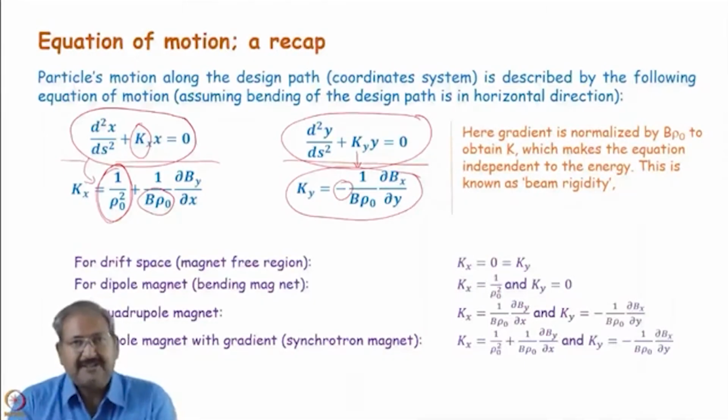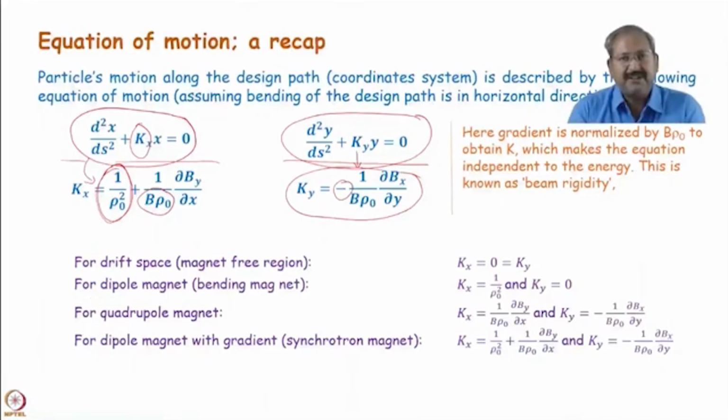In accelerators we use different kinds of magnets for different purposes. You have learned that the dipole magnet is used to decide the design trajectory: how much curvature we have to produce and where we have to send the beam. That design orbit is decided by the arrangement of dipole magnets.